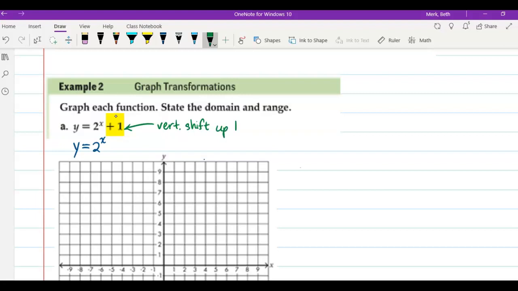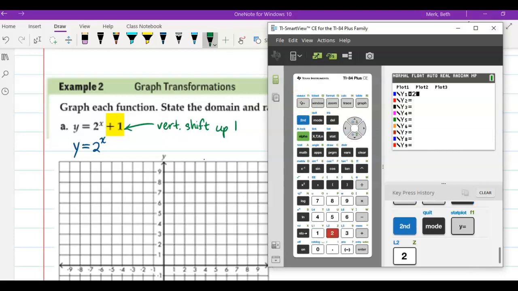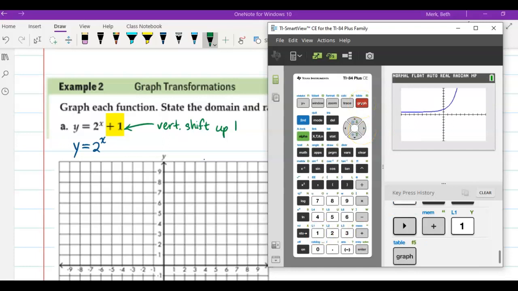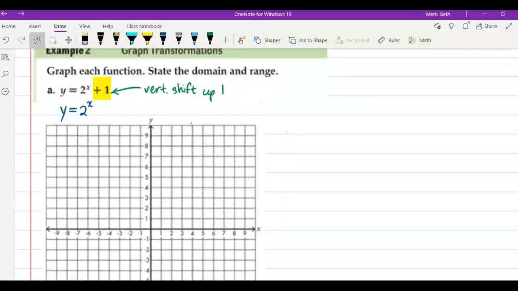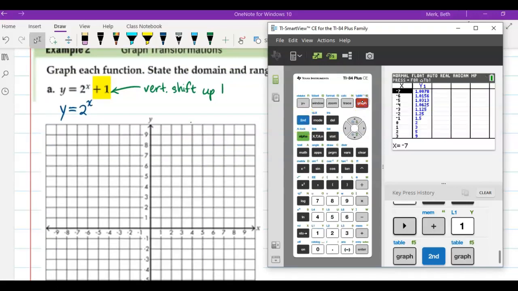So when I graph it, I'm going to use my graphing calculator this time. I'm going to type in y equals 2 caret x plus 1. I'm going to look at the graph. To get this graph onto my paper graph, I need to look at my table of values.